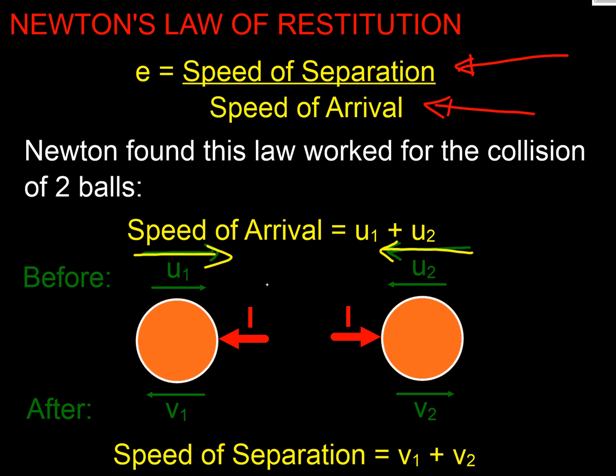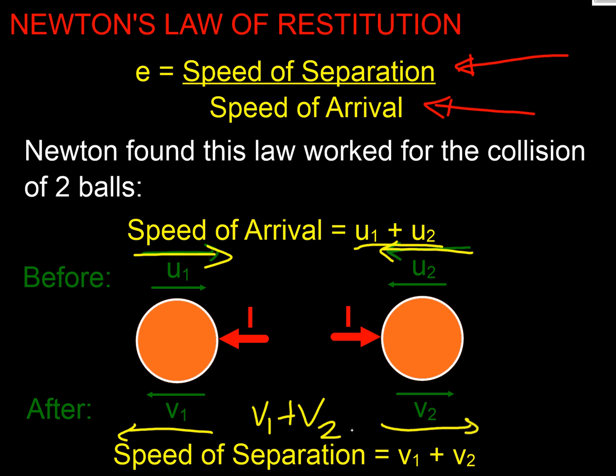We could see here that if that one's coming in and that one's coming in, the speed of arrival, they are coming together, we add them together, don't we? u1 plus u2, because it's like two cars driving towards each other, isn't it? So that's u1 plus u2. And then the speed of separation, well, if this one's going away at v1 and that one's going away at v2, we can probably see that the speed of separation is v1 plus v2.